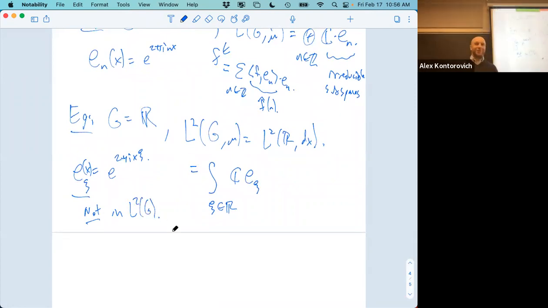But they're almost in L2, in the sense that they occur in the spectral resolution of the Laplace operator. So when you try to decompose L2 of G into irreducibles, the irreducibles would be subspaces if any of the functions were in L2, but you still have a Fourier inversion formula. The Fourier inversion formula is exactly, from this viewpoint, the decomposition of the space into irreducibles. Now there's a continuum of irreducibles. It's called continuous spectrum.